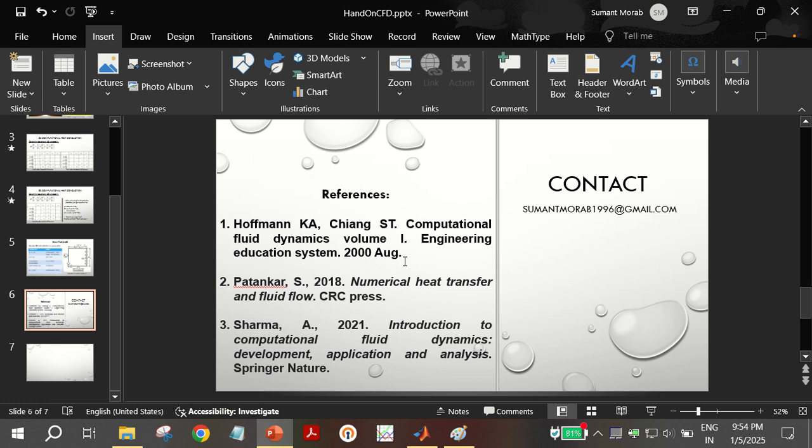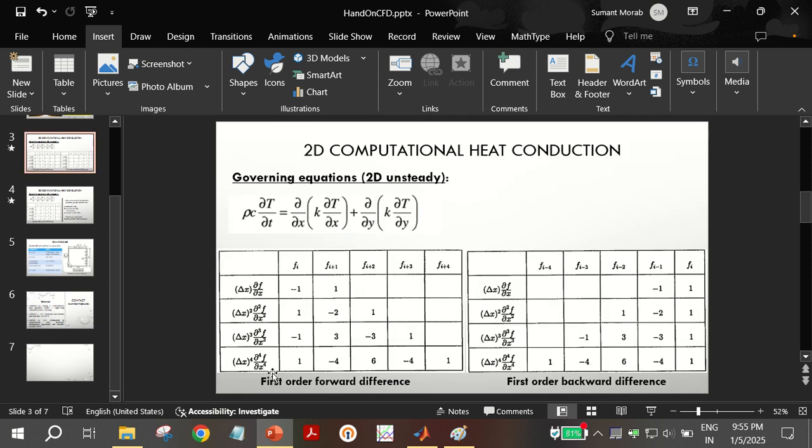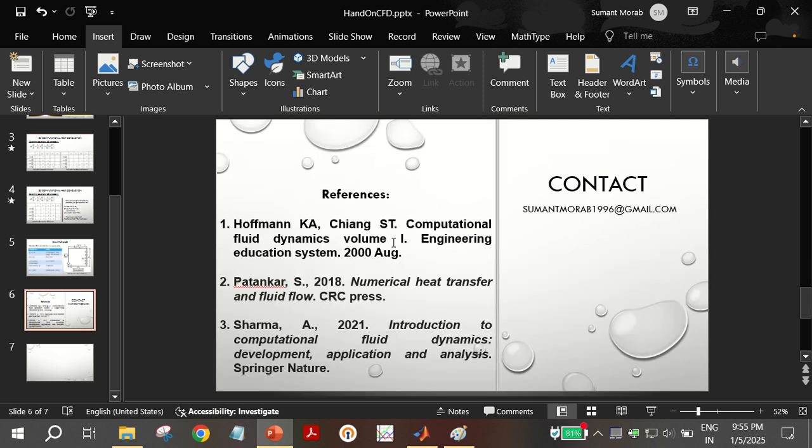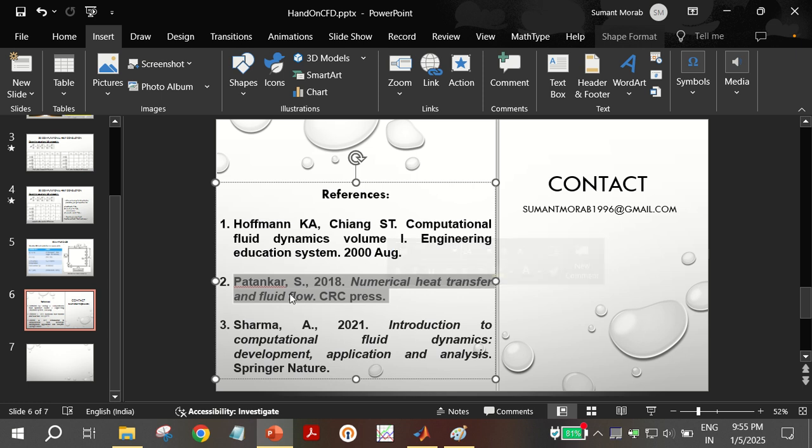First one is Hoffman and Chiang, which is like a basic book for finite difference method, because all these Taylor approximations, whichever I told here, the first order forward difference, first order backward, all these are given in Hoffman and Chiang. So this is the go-to book to understand finite difference method. The second is anyway a very popular book by Professor Patankar.